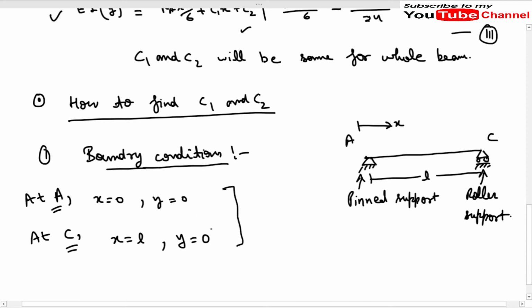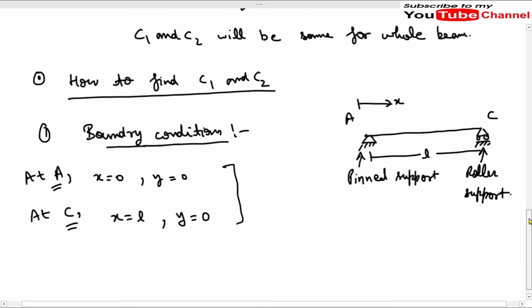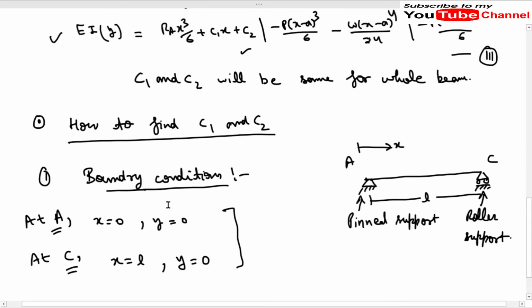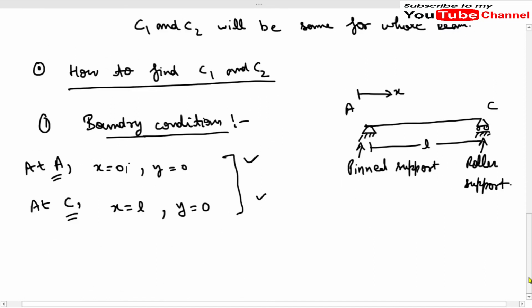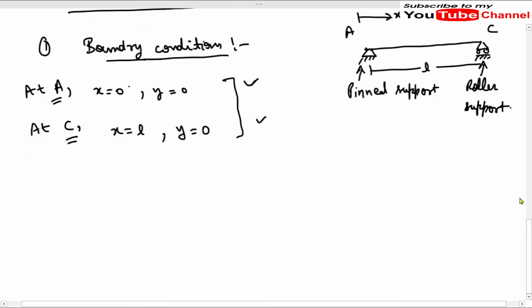These conditions are called boundary conditions. We will use these conditions to find out our constants C1 and C2. We have 2 constants and 2 boundary conditions, so we can very easily find the values of C1 and C2. Now these 2 conditions are sufficient for many problems, but we will understand different types of conditions.